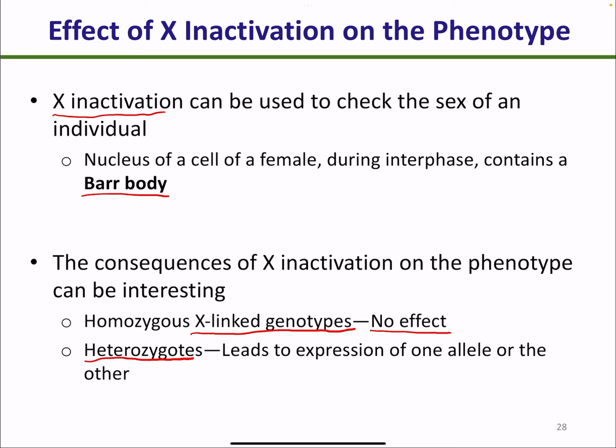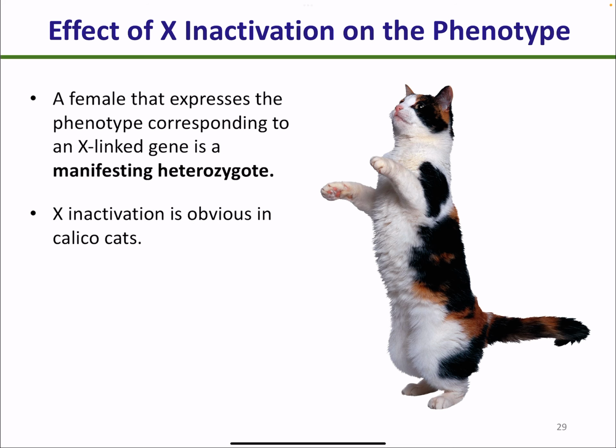A good example of X inactivation phenotype is the calico cat. In the calico cat, when you look at the fur, we have some areas that are orange, some areas that are black, okay, which are a good example of what is being expressed where and what is not being expressed, right?